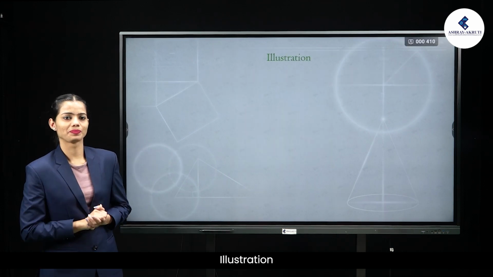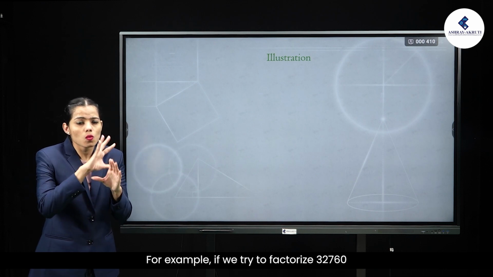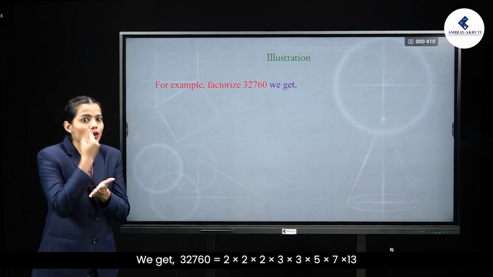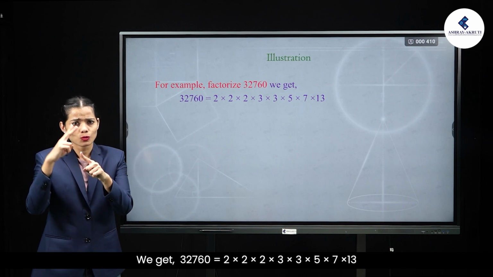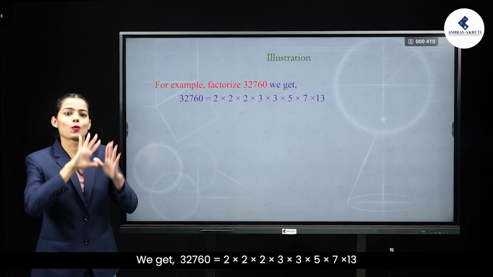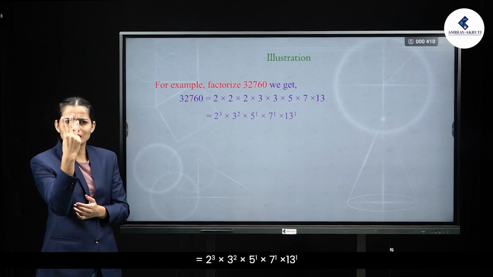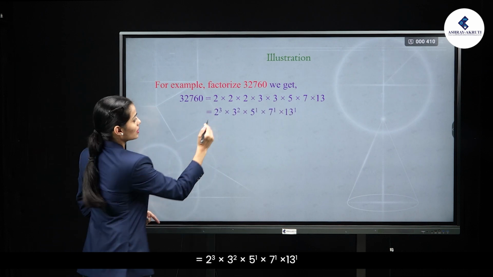Illustration. For example, if we try to factorize 32,760, we get 32,760 = 2 × 2 × 2 × 3 × 3 × 5 × 7 × 13 = 2^3 × 3^2 × 5^1 × 7^1 × 13^1.